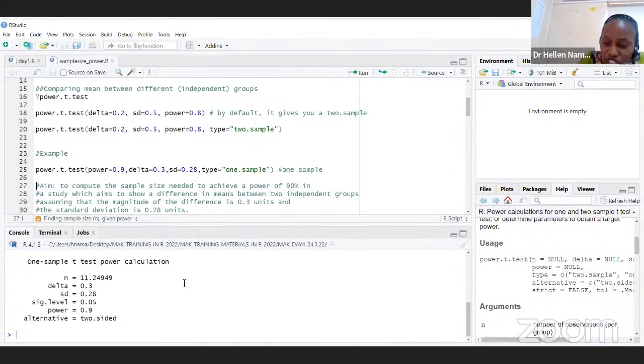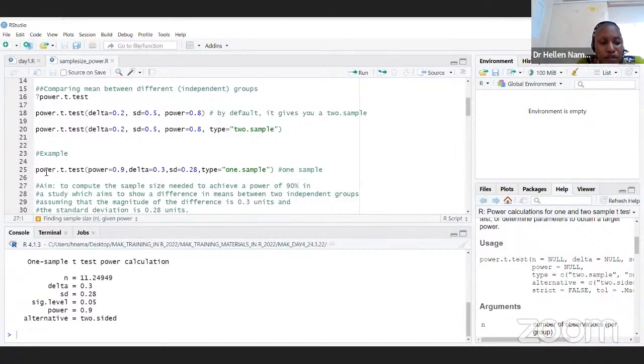But in case you want to change it, for example to 0.1, or to 99%, then you can do that as well. But basing on this, it's saying that your sample size will be 11, basing on what we feed in here.